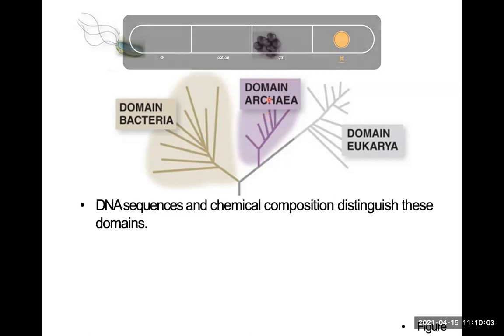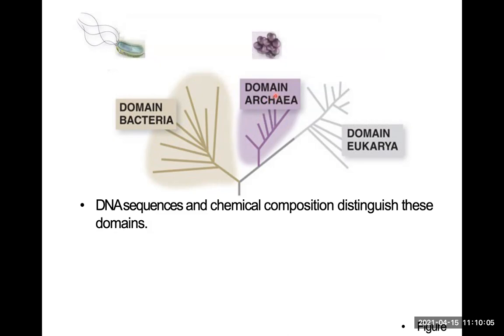So they found these organisms in areas that were very similar to early Earth. And the term archaea means old. So they thought that these came first because they are living in similar environments as the early Earth had. So they named it archaea.